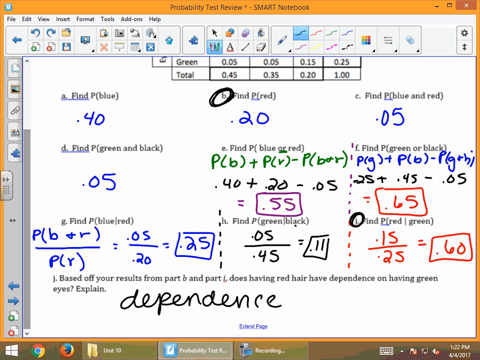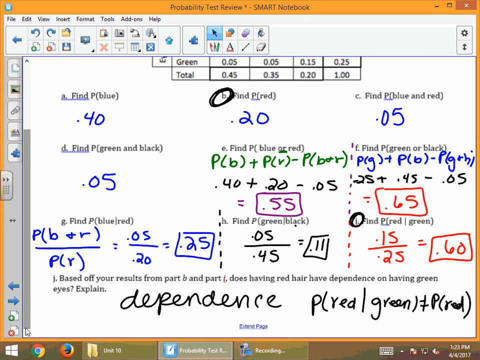The conditional probability, the probability of red given green, is not equal to the probability of the first thing, red. That is a test for independence. If the conditional probability equals the probability of the first, those are independent events, meaning green eyes has no effect over whether or not you're going to have red hair. Right? If they're different, that means there is a dependence. That means green eyes is affecting red hair because they're not the same. Okay? You will have questions similar to these on your test tomorrow.